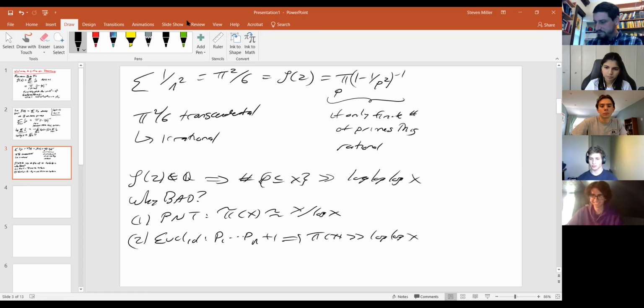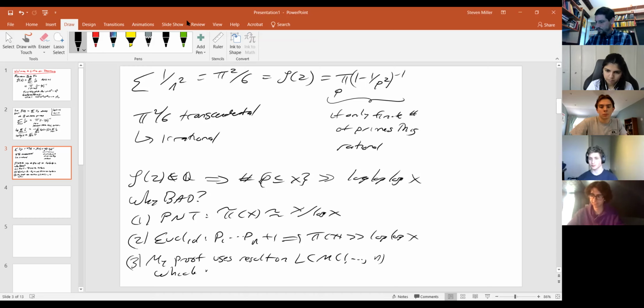But the real reason it's really, really bad is my proof uses a result on the least common multiple of the numbers 1 through n, which relies on the prime number theorem.